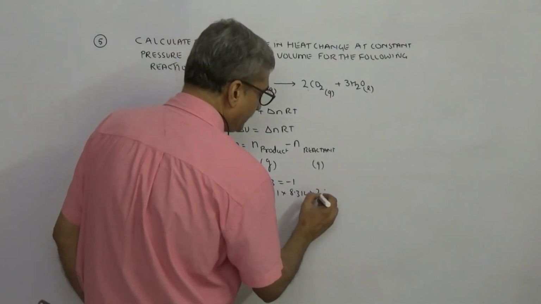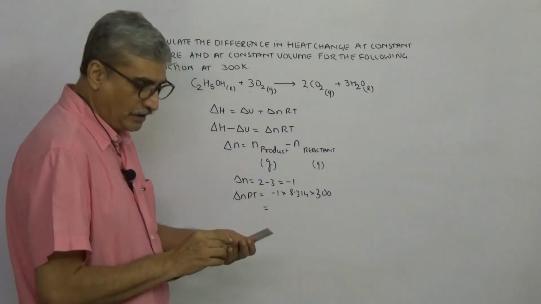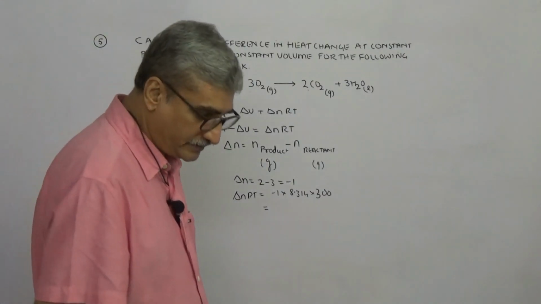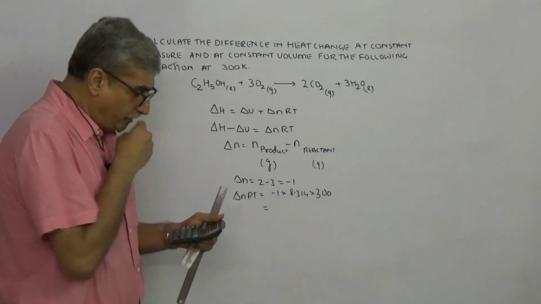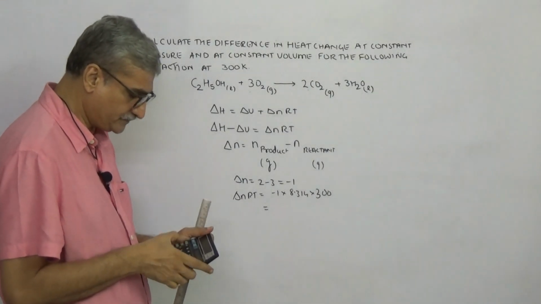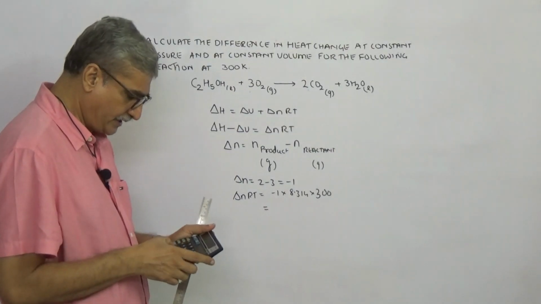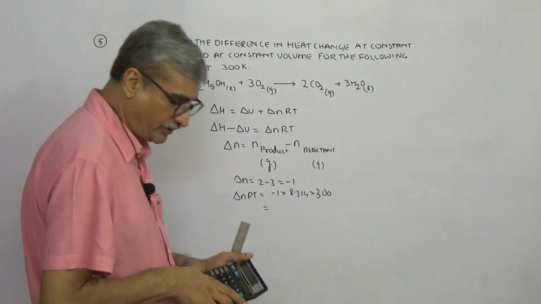So that will be equal to 8.314 into 300. It's 2494.2.